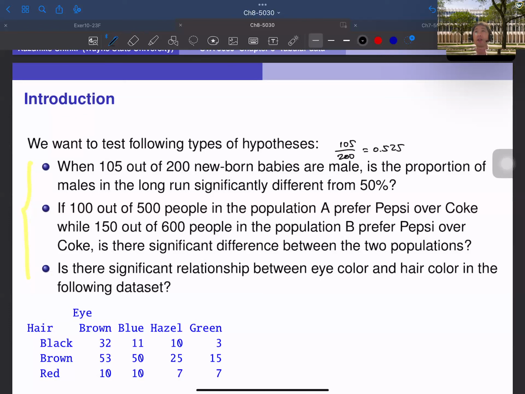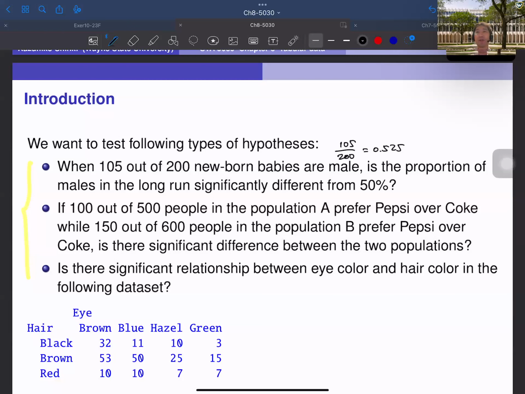By the way, do you know whether we have more boys or more girls among newborn babies? I think slightly more girls. Sorry? Actually, more boys.